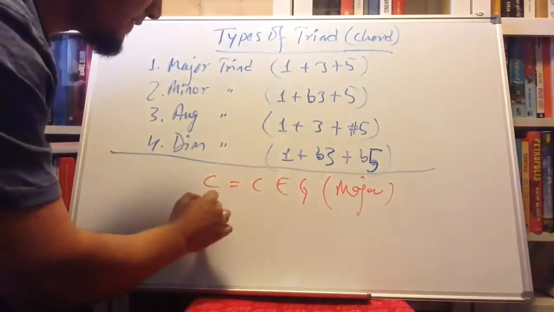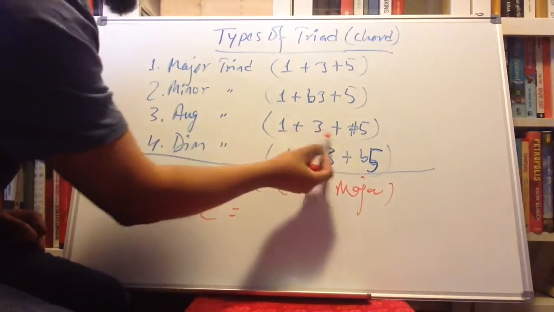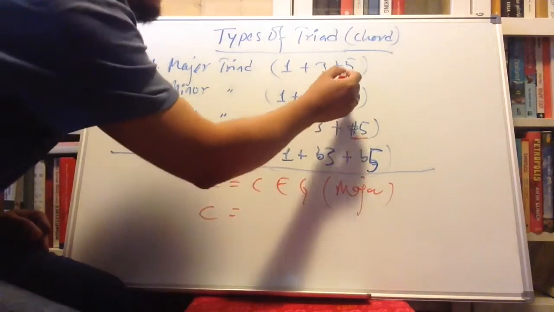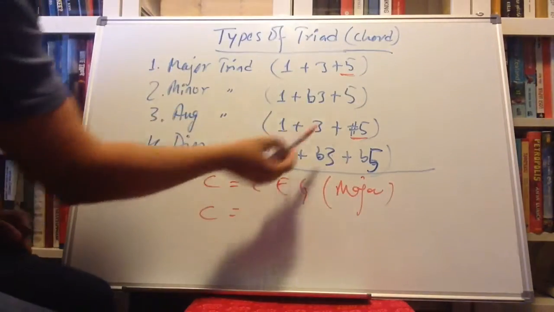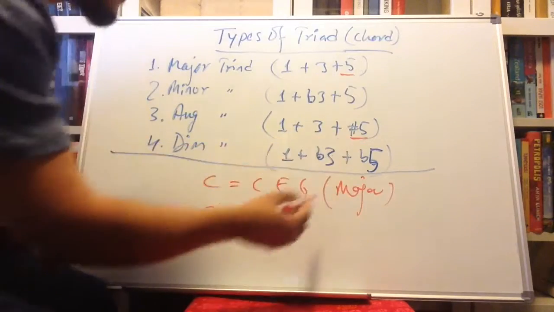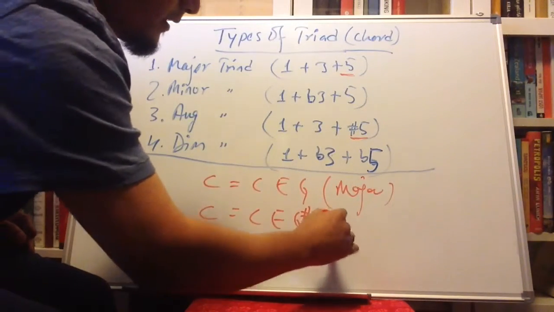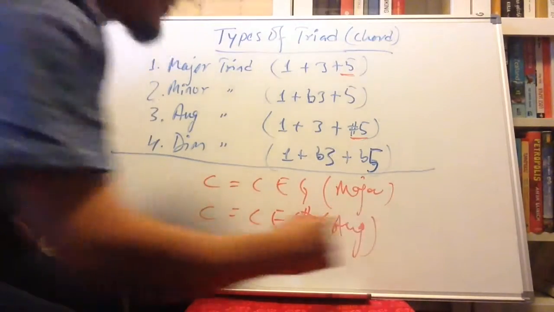Now we need augmented, same, 1, 3, 5, 1, 3, sharp 5. The only difference between major and augmented is sharp 5. The fifth is raised or sharped, right? So C, E, G sharp. That would be C augmented chord.